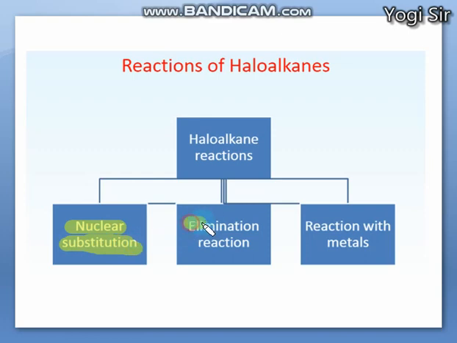Second is elimination reaction, right? It is also mentioned as E reaction, elimination. And third is reaction with metals, that is reaction of haloalkane with metals like magnesium. We'll study in this session, right?